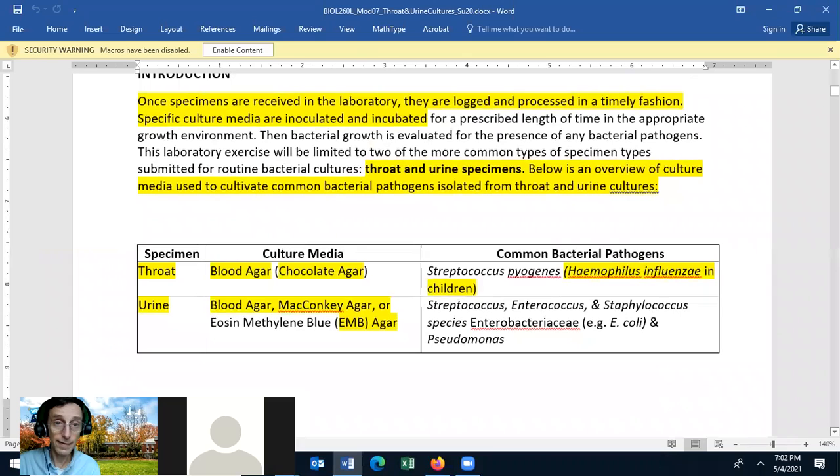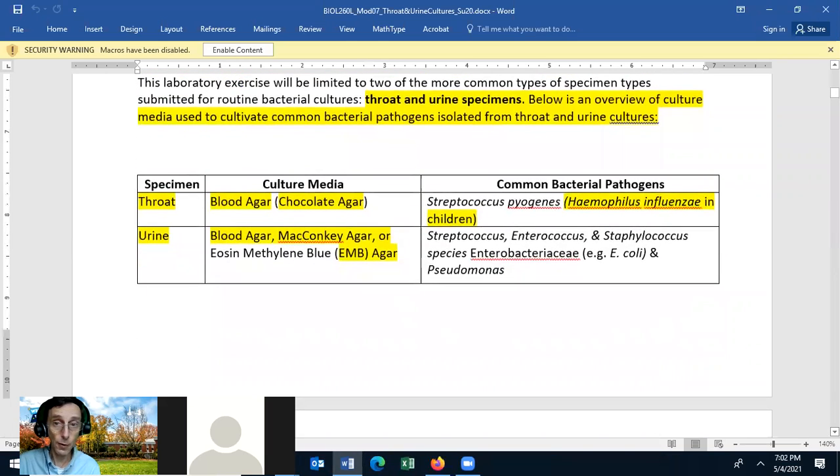Once specimens are received in the lab, they're logged and processed in a timely fashion. Specific culture media are inoculated and incubated for throat and urine specimens. Below is an overview of the culture media used to cultivate common bacterial pathogens isolated from throat and urine cultures.